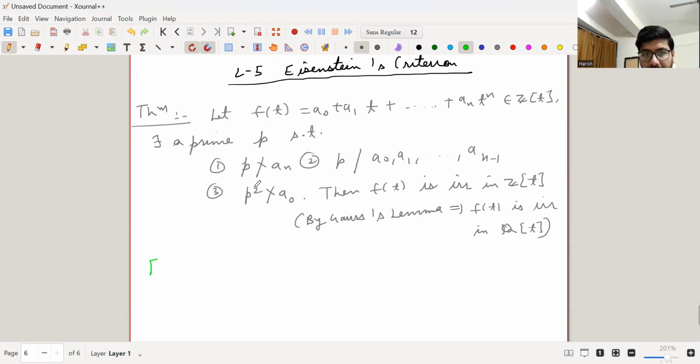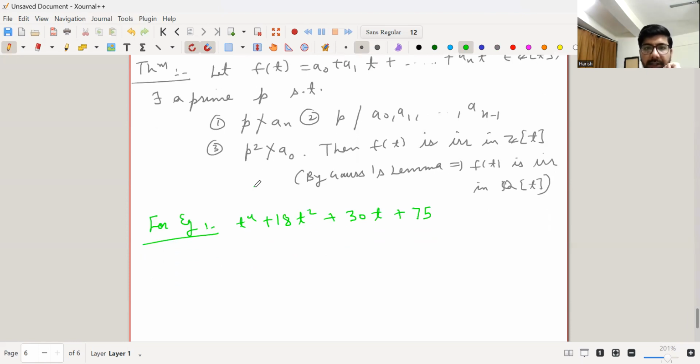So, for example, we can consider this polynomial t^4 plus 18 t^2 plus 30t plus 375, right? So can you quickly tell whether it is irreducible using this criteria?